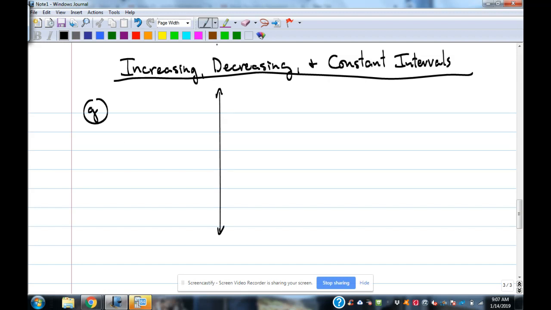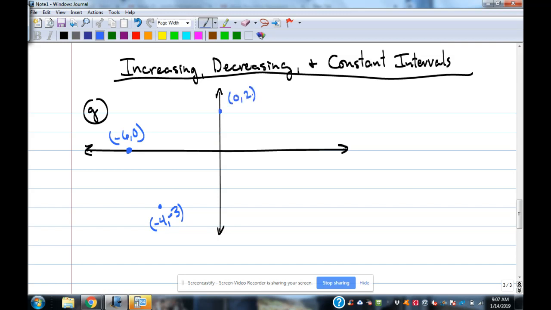I'm going to put some ordered pairs in strategic locations so that we can discuss a few things. That dot right there is -6, 0. It is a filled in dot. -4, -2. That's better. Yeah, let's make it -4, -3. That's what it looks like. And then the dot up here at 0, 2.